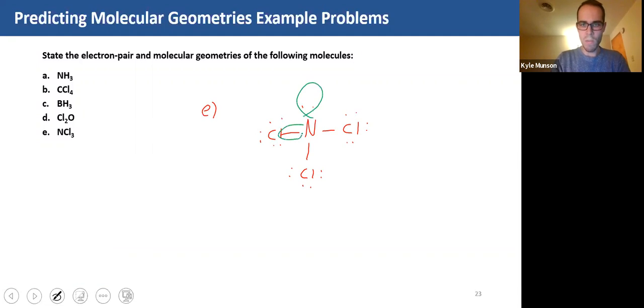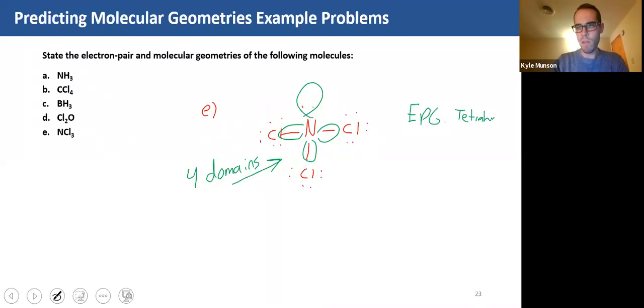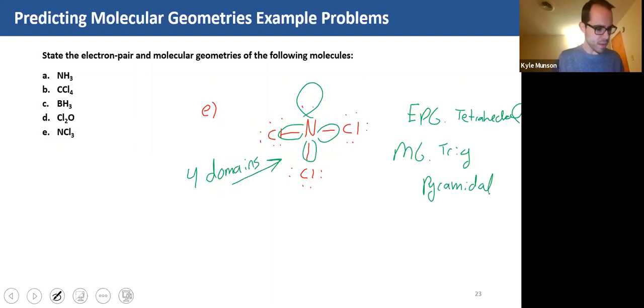So there's 1, 2, 3, 4 domains. So electron pair geometry is tetrahedral, and molecular geometry is trigonal pyramidal. Did I spell that right? Let's see here. Yep. Pyramidal. I think so. If it's wrong, forgive me.